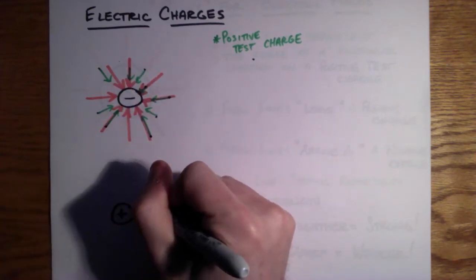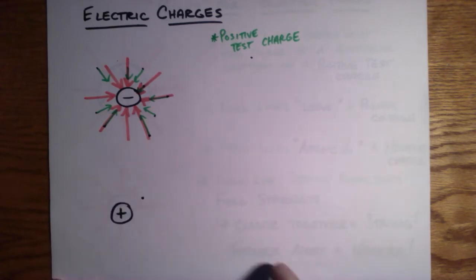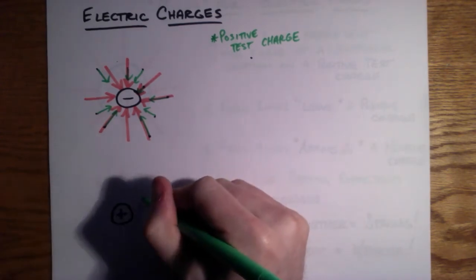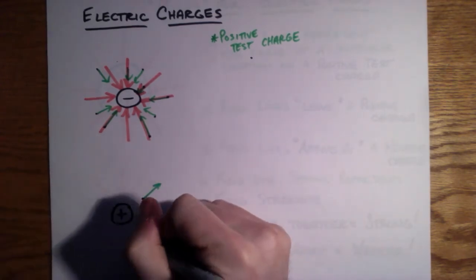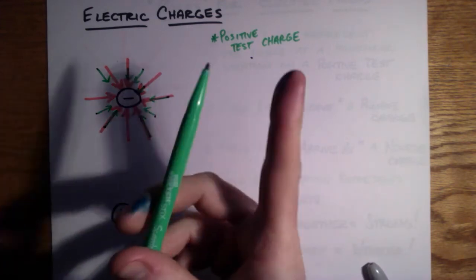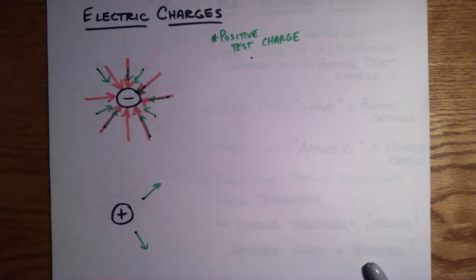Similarly, if I take a look at a positive charge, well, if I put a positive test charge here, two positives will repel, so that will be pushed in this direction. If I place a positive test charge here, it will also be repelled.